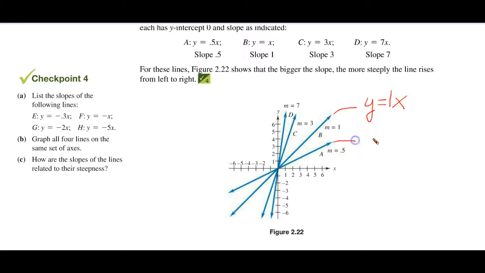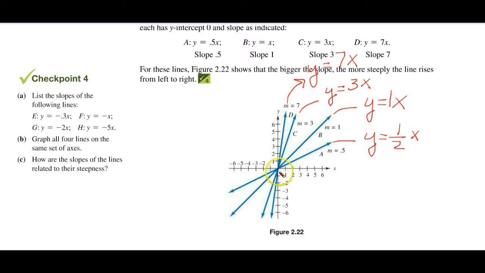This one, y equals, now our slope is 1/2 x. This line is y equals 3x, and this line y equals 7x.